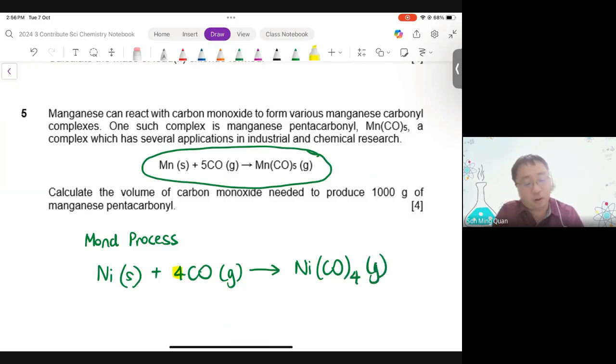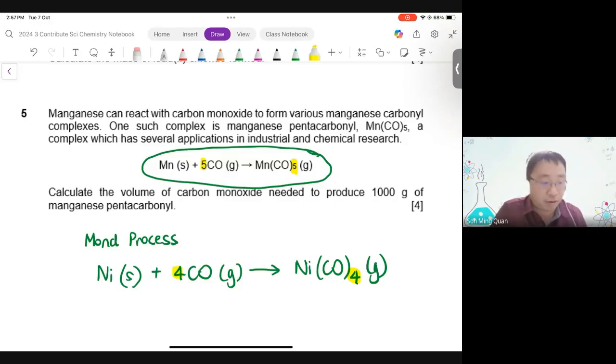Nickel has 4 COs inside its carbonyl. Manganese has 5. Okay, you don't have to remember these numbers, but for those in my group, yesterday we spent a bit of time discussing the Mond process. We spent a bit of time looking at different questions that could be asked from the Mond process.